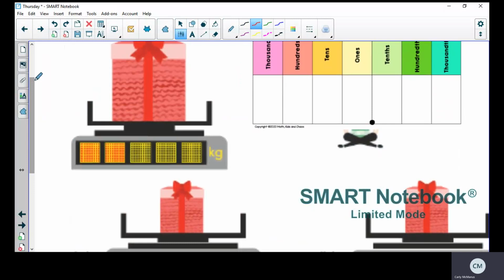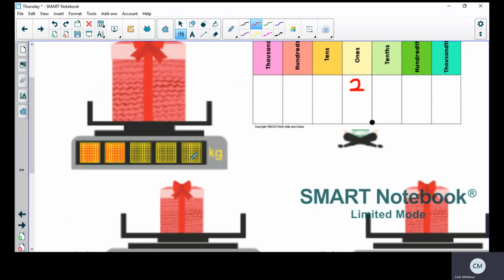So we've got some scales here, and here are all the scales. We're just looking at the red parts. So if you have a look, this is a whole, all of them are coloured in red, and this is a whole, so all of them are coloured in red. So this is 2 wholes, so 2 wholes goes in the ones column. And nothing else is coloured in.